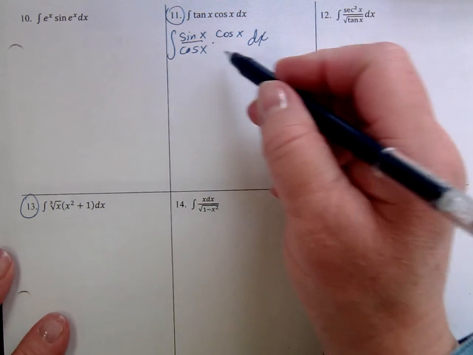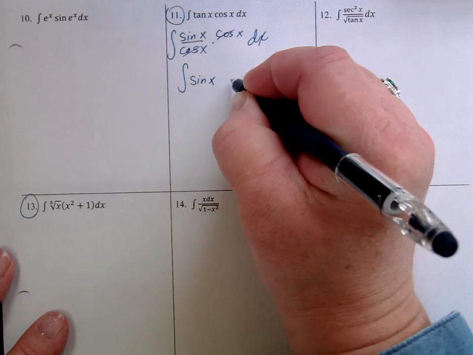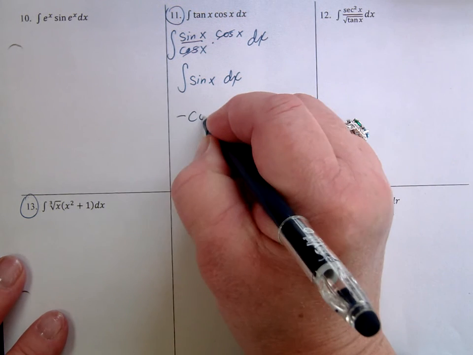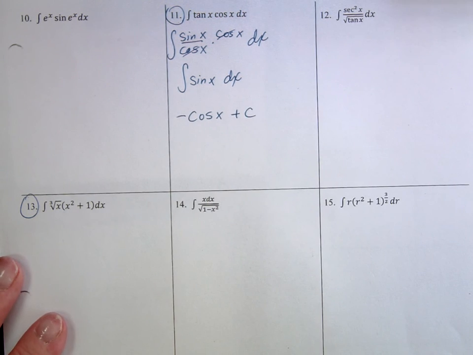So I can see my cosines are going to cancel, and really this is just the integral of the sine of x. And that's mighty simple because the integral of the sine of x is a negative cosine of x. Toss your plus c on there and you're done. So look at that. Because you remembered your trig identities, that one makes it 100 times simpler. All right, the next one I chose was 13.